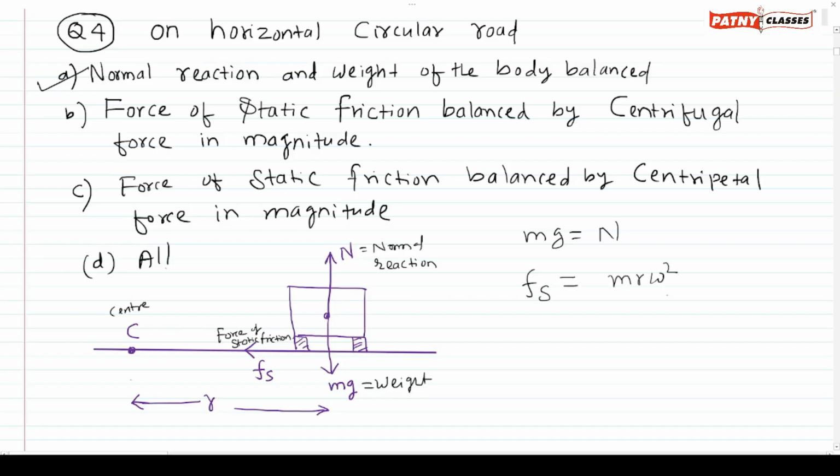The magnitudes of centripetal force and centrifugal force are equal. The only difference between centripetal and centrifugal force is that they are in opposite directions. Therefore options B and C are also correct. Therefore all options are correct, and we lock option D.